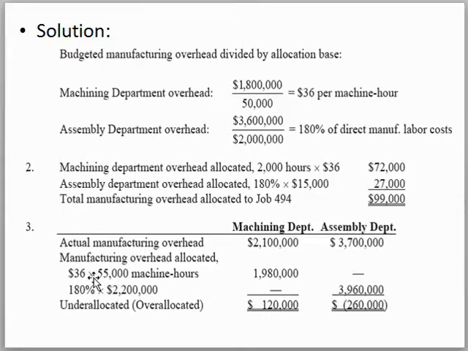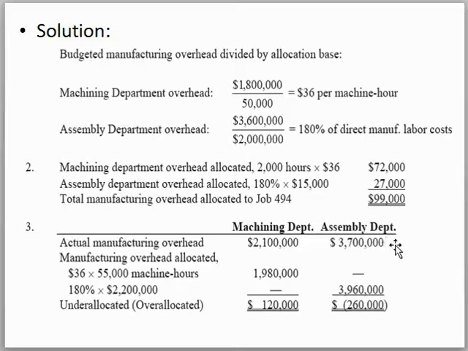We will multiply it by the budgeted rate, 36 per machine hour, to get the allocated overhead for the machining department, 1,980,000. So 2,100,000 actual overhead and allocated 1,980,000, so the difference is 120,000 under allocation.